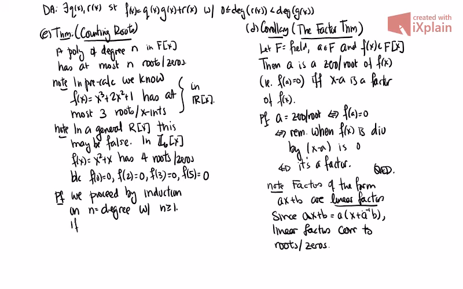So if n equals 1, then f of x, what would this look like? It would be linear, ax plus b. But we've already seen that this is just the linear factor itself.